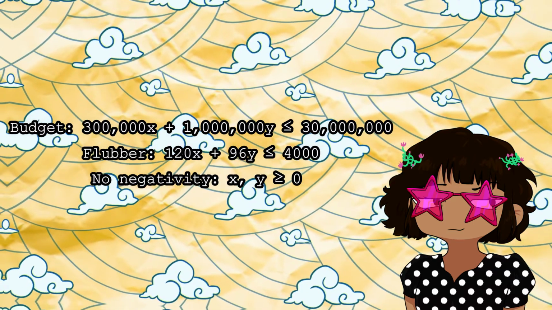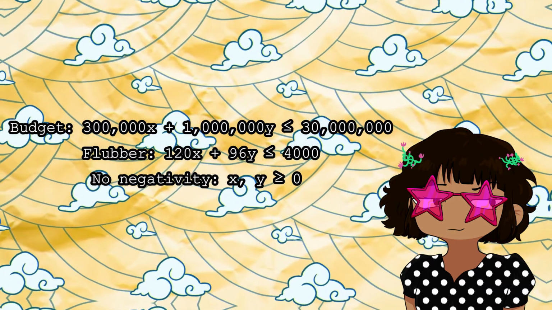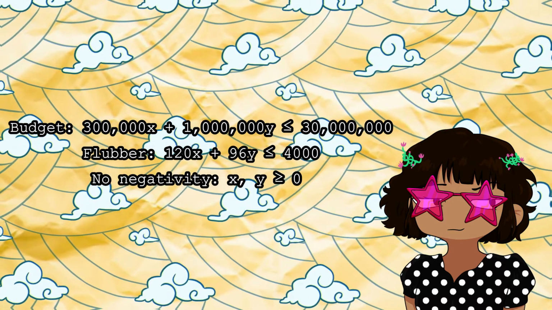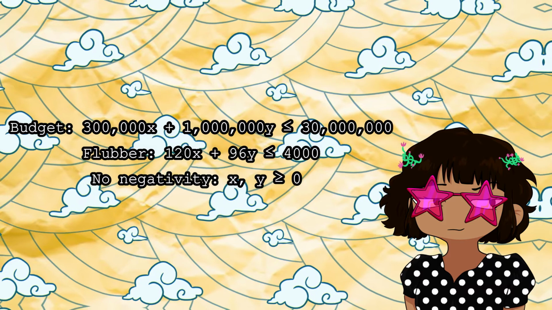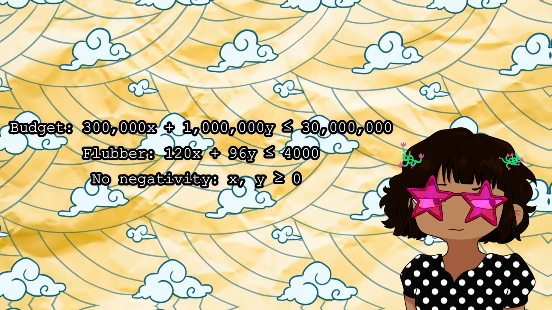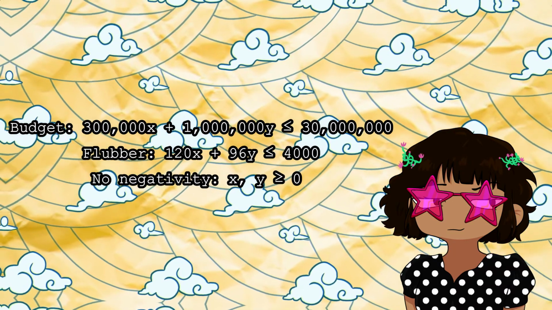The second restriction comes from the Flubber, where for x we multiply the number of pairs that the soccer team needs by the amount of Flubber needed for each pair, and we find y by doing the same product with the basketball team.